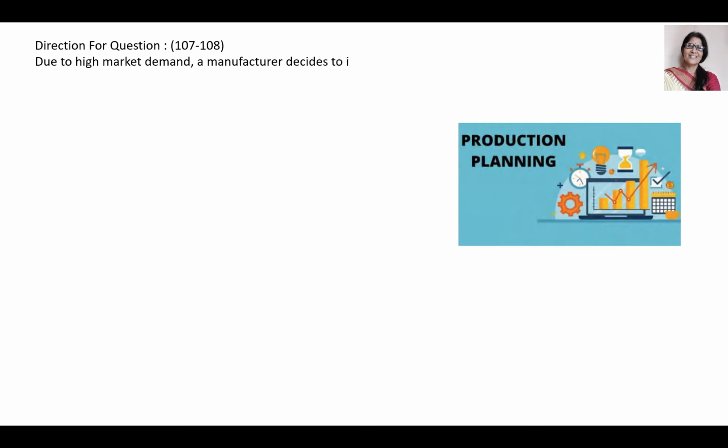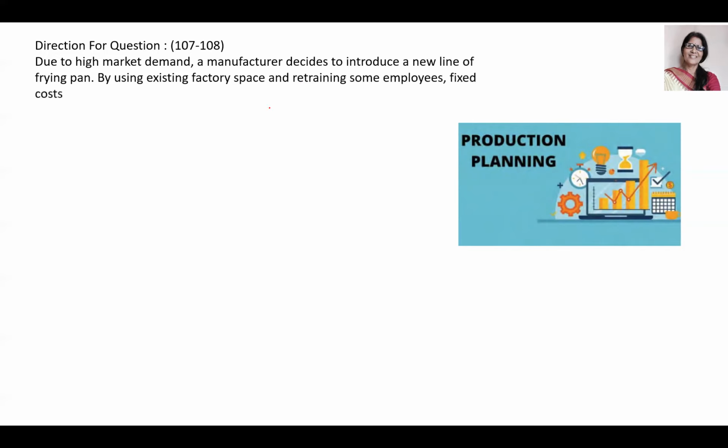Due to high market demand, a manufacturer decides to introduce a new line of frying pan by using existing factory space and retraining some employees. Fixed costs are estimated at rupees 84,000 per month.